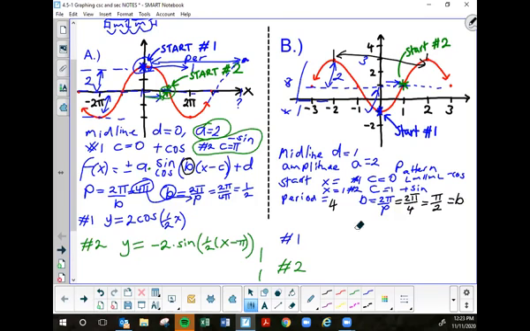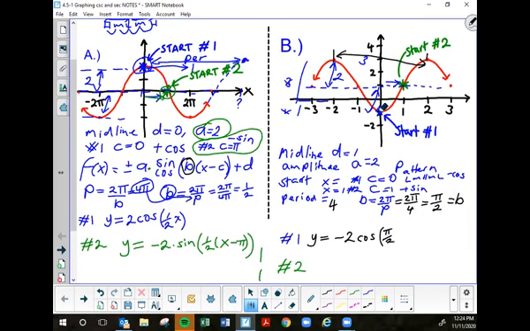Now you just stick them in the equation. So equation number 1, remember to start with y equals. And we said this was the start of a negative cosine. Negative, and before I write cosine, I have to put the amplitude in. The amplitude was 2. Then I need the b, and the b we said was pi over 2. Then we have x minus c.